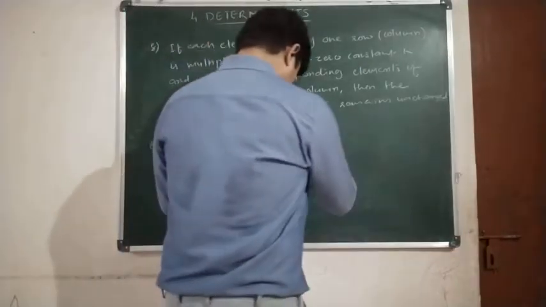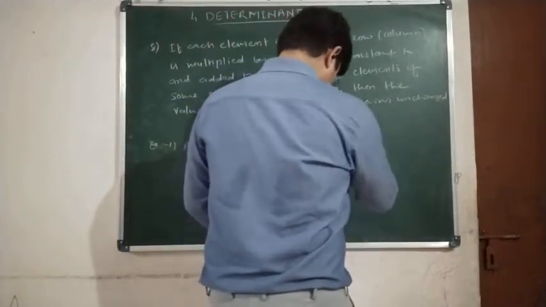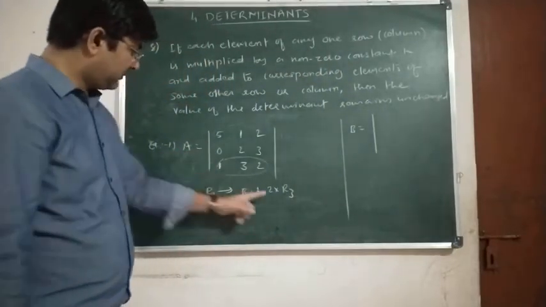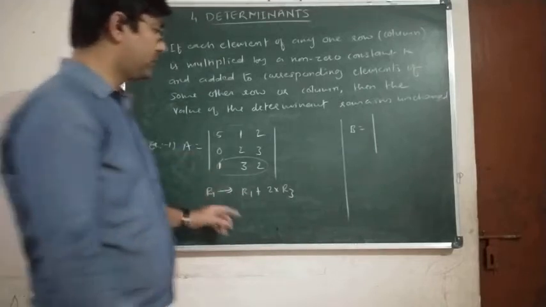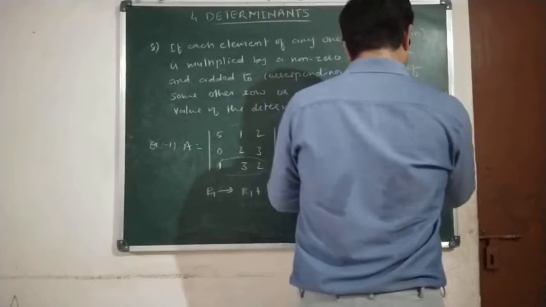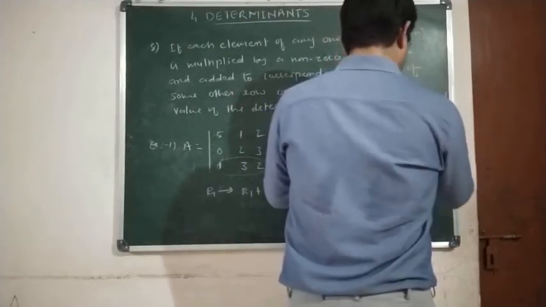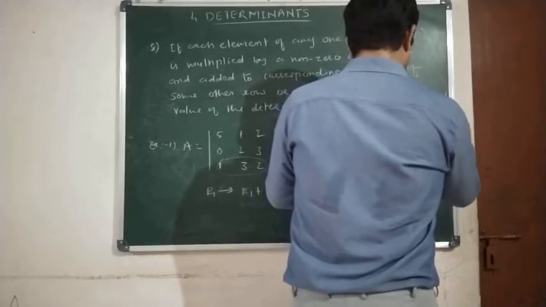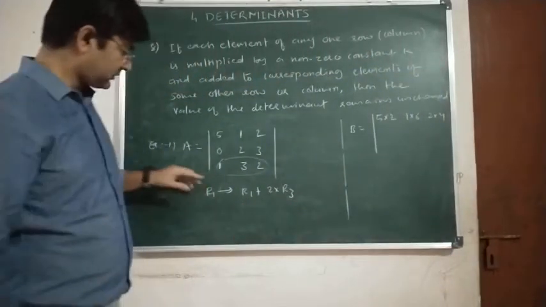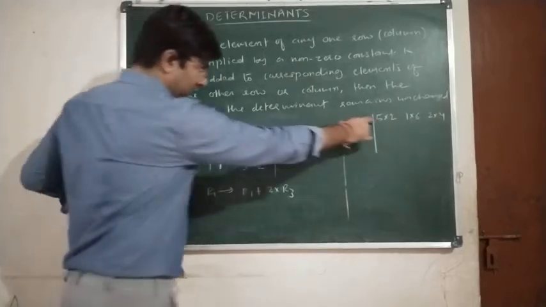Clear? So another matrix obtained will be B is equal to 5 plus 2 into 1. First we'll multiply 1 by 2, so 2 ones are 2, 5 plus 2.